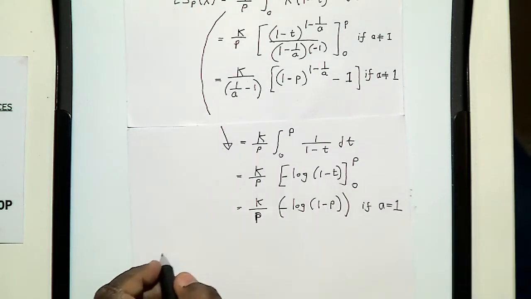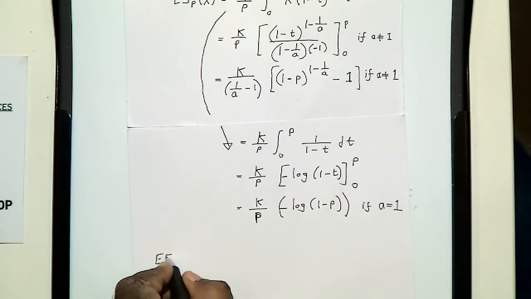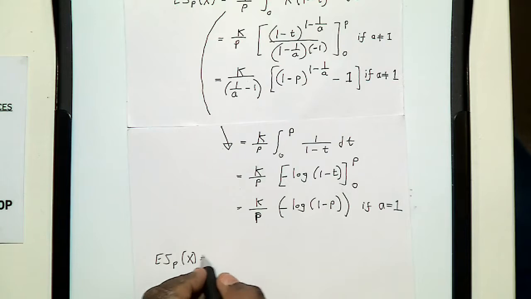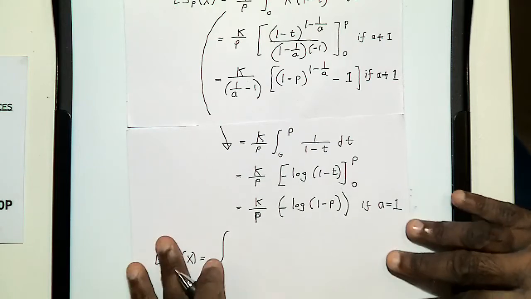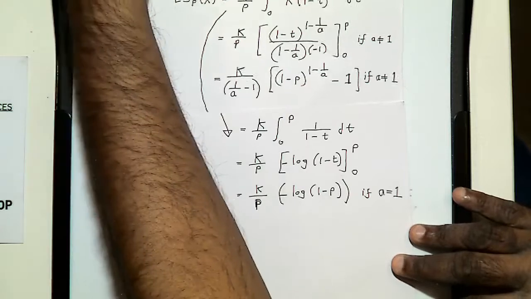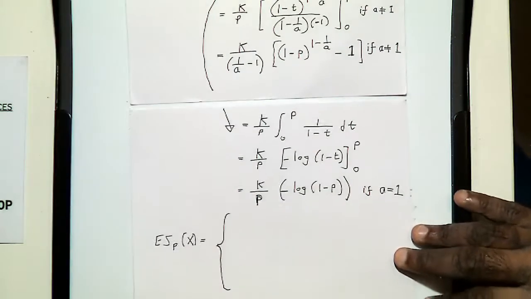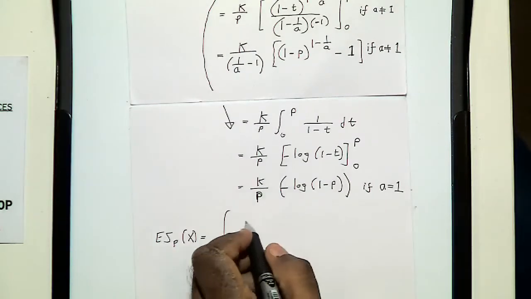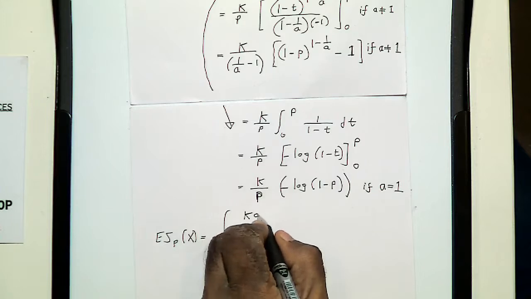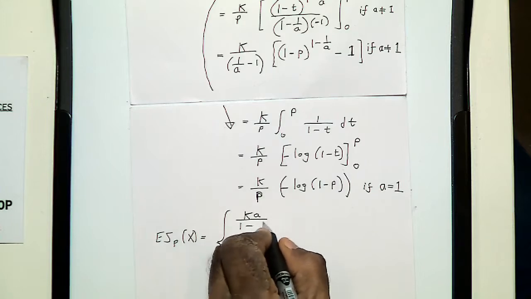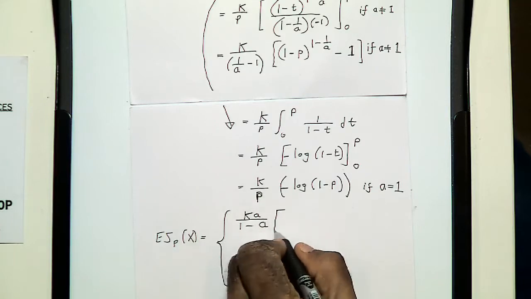So in summary, you will write your answer for the expected shortfall in two cases. So if a is not equal to 1, you have k times a times 1 minus a in brackets.